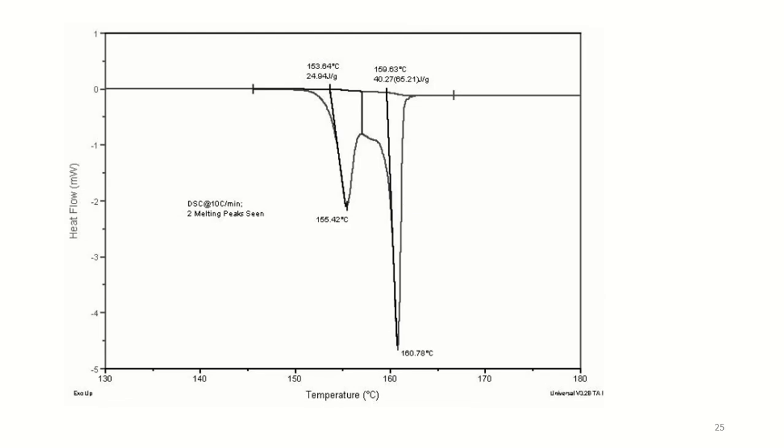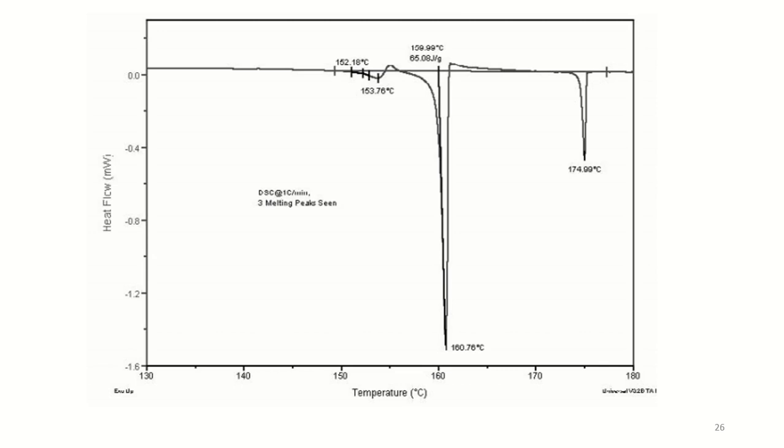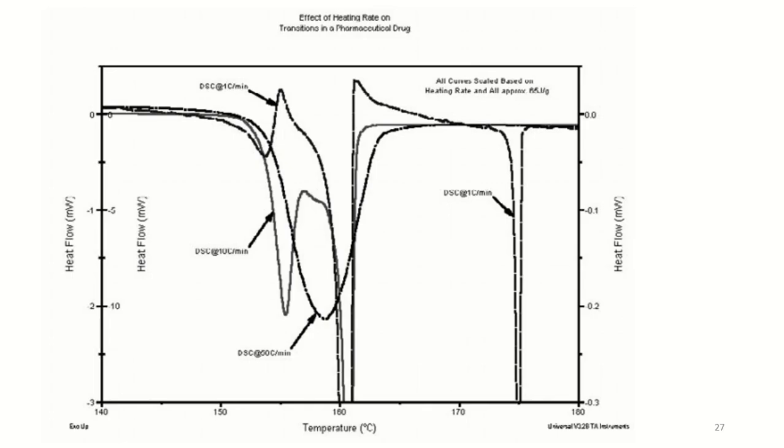Actually, this graph is at the heating rate of 10 degrees Celsius per minute, and we will get results like this, and these results are quite interpretable. While if the sample is the same, the drug is the same, but the heating rate is 1 degree Celsius per minute, then the result would be like this one, and it is unable to interpret the data visibly.